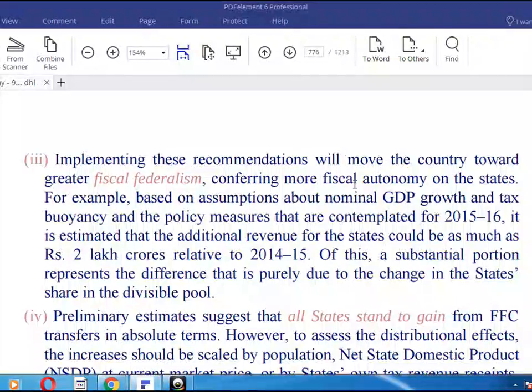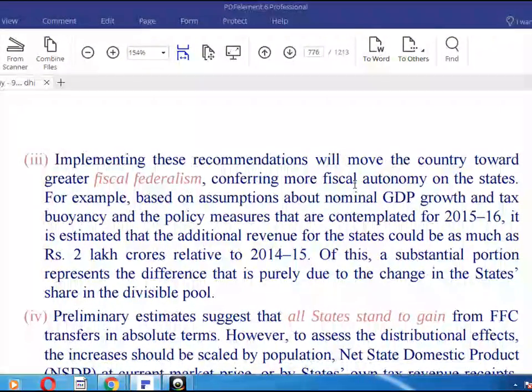For example, based on assumptions about nominal GDP growth and tax buoyancy, and the policy measures that are contemplated for 2015-16, it is estimated that the additional revenue for the states could be as much as 2 lakh crore relative to 2014-15.